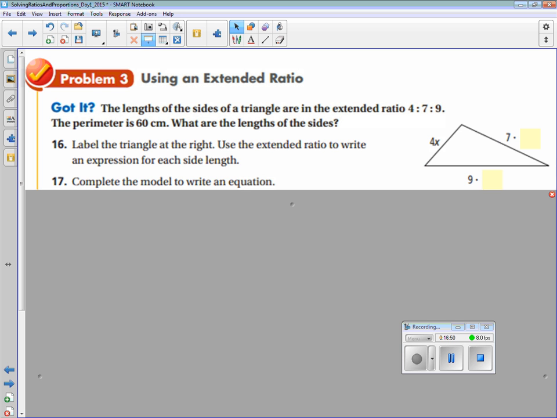Look at that 4 to 7 to 9. What do you think is meant by the extended ratio? Why is it extended? Because there's 3 numbers, exactly. A regular ratio, or ratios we've done up to this point, only had 2. But this one has 3. And that's okay. It's 3 sides of a triangle.